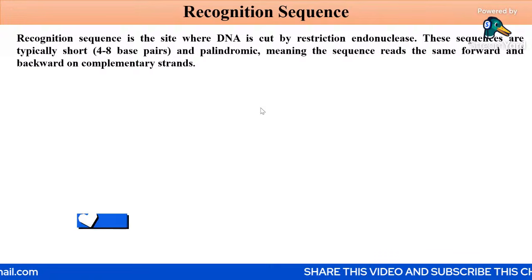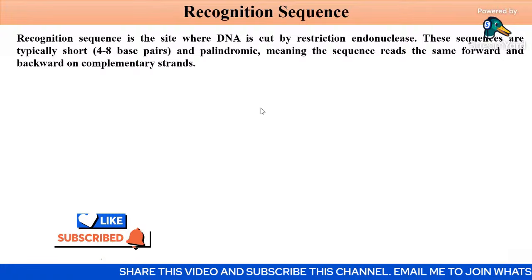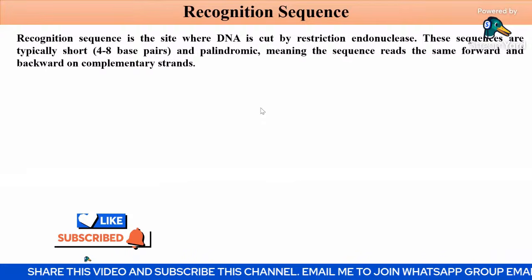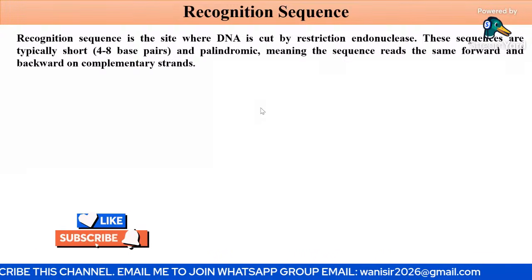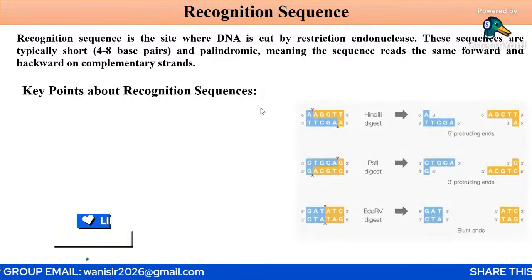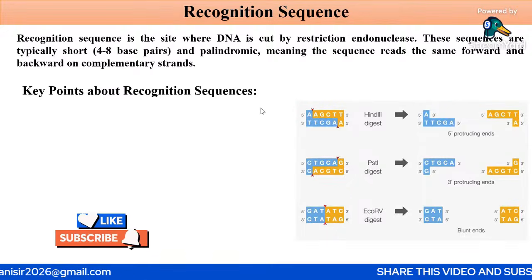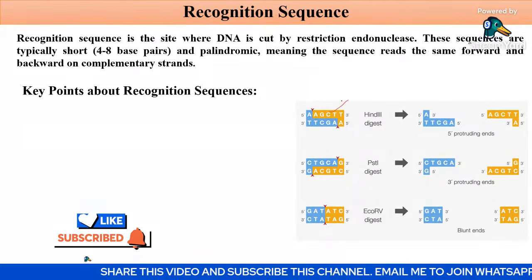And what is palindromic? Palindromic means that the sequence is read the same forward and backward on the complementary strand. That means we can read the sequence in the forward manner, and in the complementary strand we can read it in the backward manner. So what are the key recognition sequences? First of all, we will try to understand this recognition sequence, that is AAGCTT.